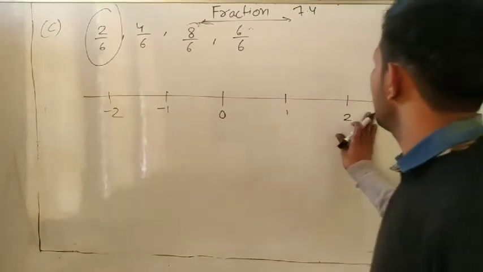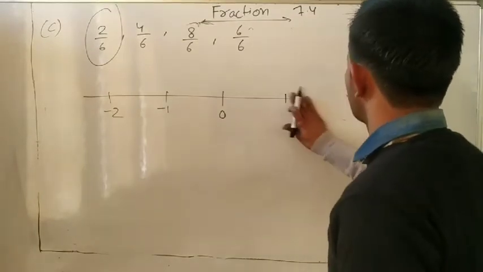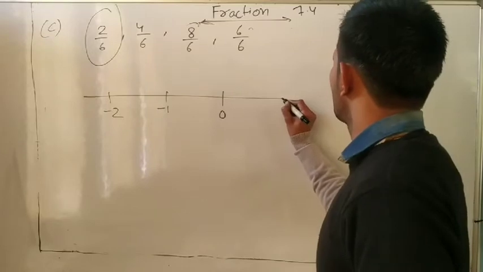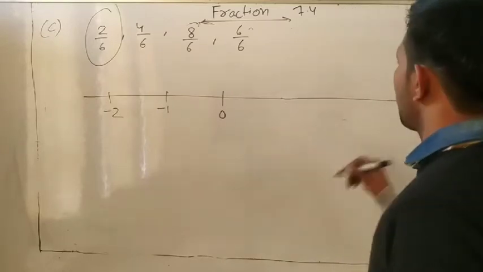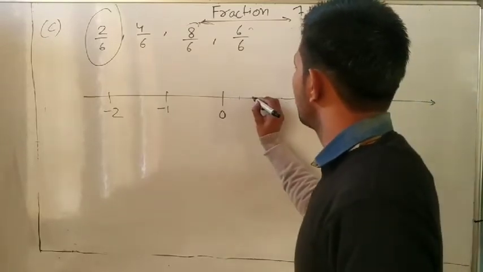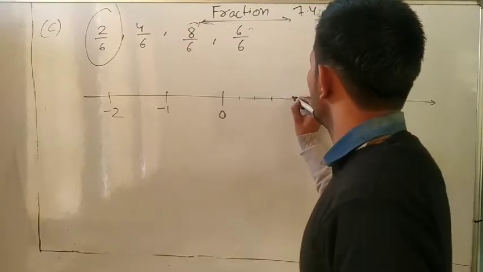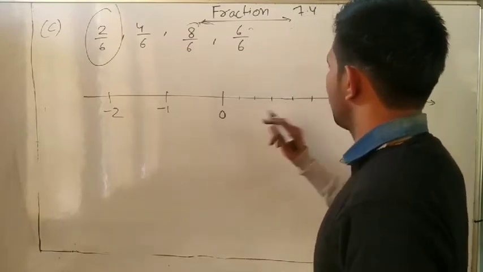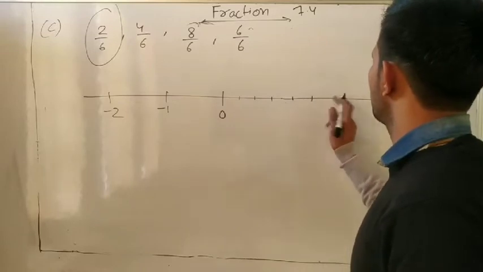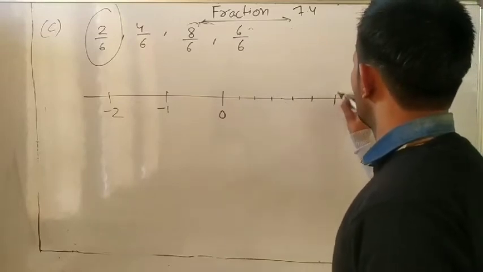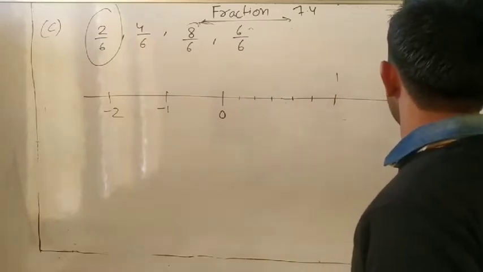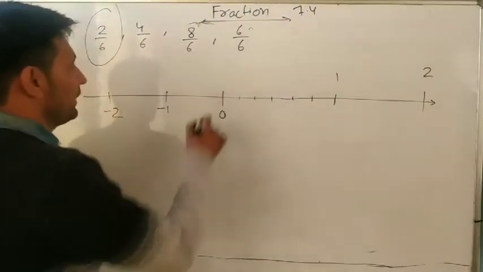So we will take 6 equal parts here: 1, 2, 3, 4, 5, 6. So it is 1, and it is 2, it is 0.